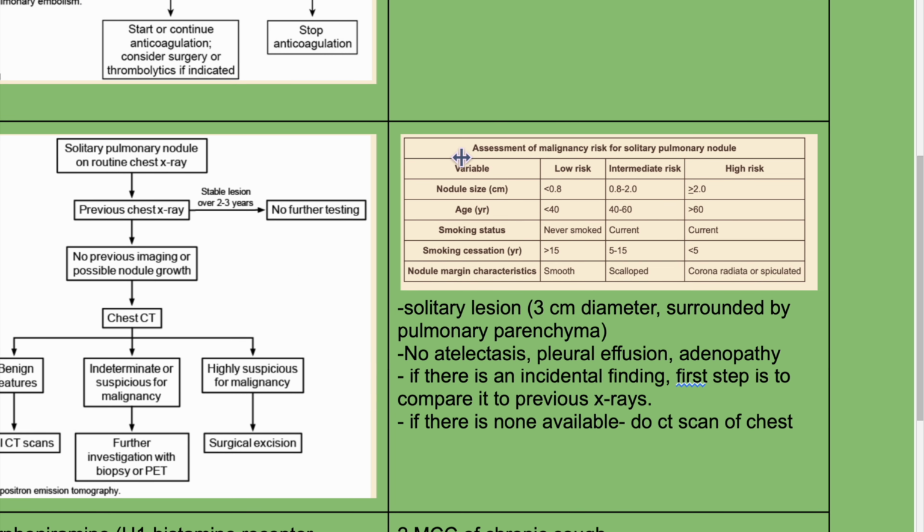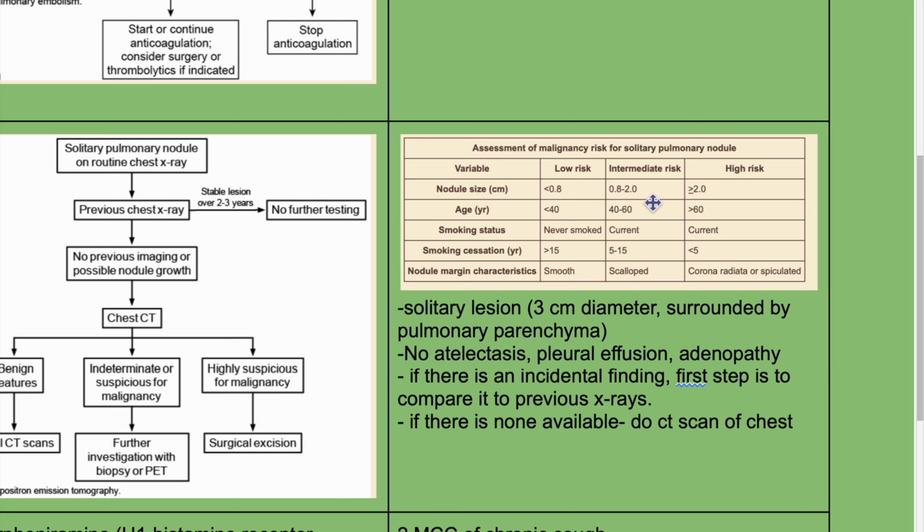Okay, so what's a low risk for these solitary nodules? If the nodule size is less than 0.8 centimeters, or the age is 40 or lower, smoking status is that they have never smoked or they have stopped smoking for over 15 years, or nodule margin characteristic is smooth.